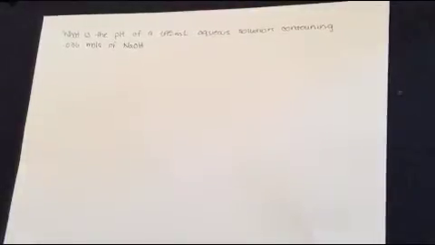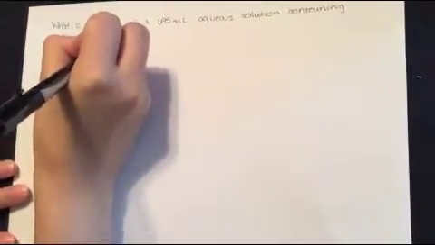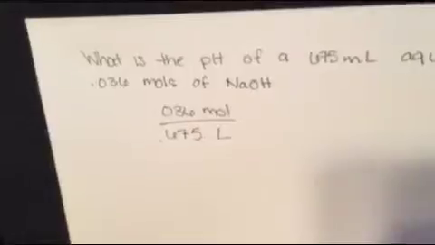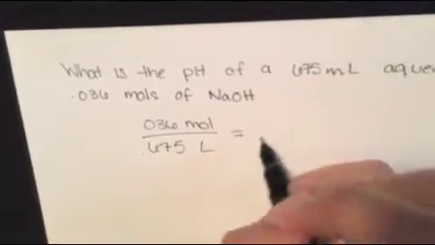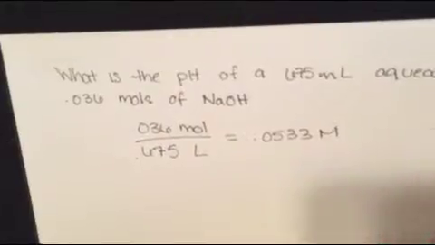What is the pH of a 675 milliliter aqueous solution containing 0.036 moles of NaOH? So first you have to get your molarity. So you do 0.036 moles divided by 0.675 liters, which gives you 0.0533.